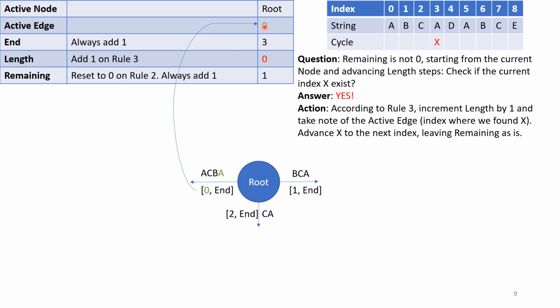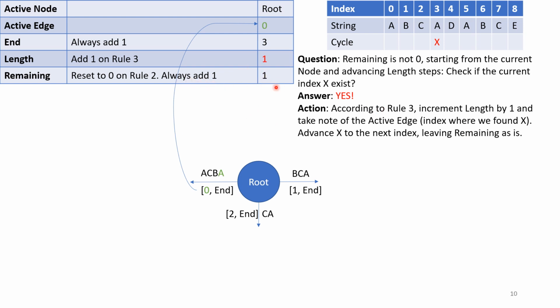So we'll save the 0 in this place, and the active node is still root. We don't have any other nodes so far, so that's going to stay as it is. And of course, increasing length, we'll advance to the next index, and we'll leave remaining as it is. So we won't modify this one.